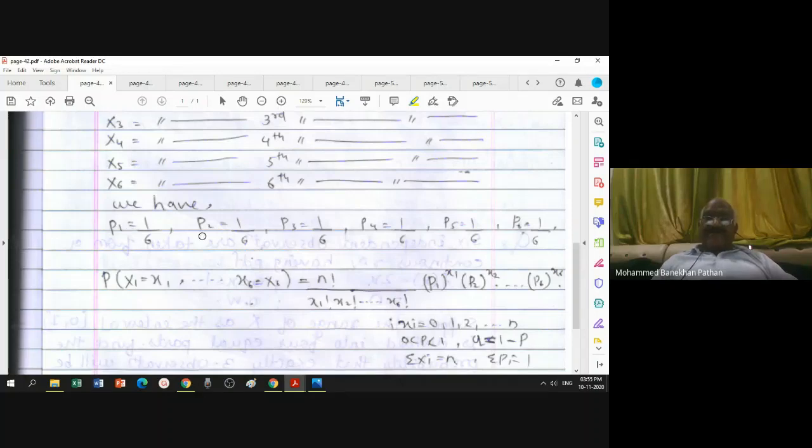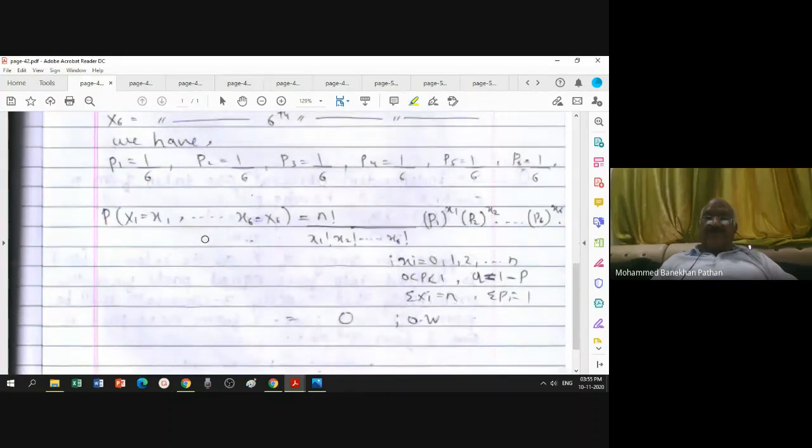I write the formula for multinomial with 6 variables: factorial n, where n is how many times the experiment is repeated, divided by factorial x1, factorial x2, up to factorial x6, multiplied by p1 power x1, p2 power x2, up to p6 power x6.